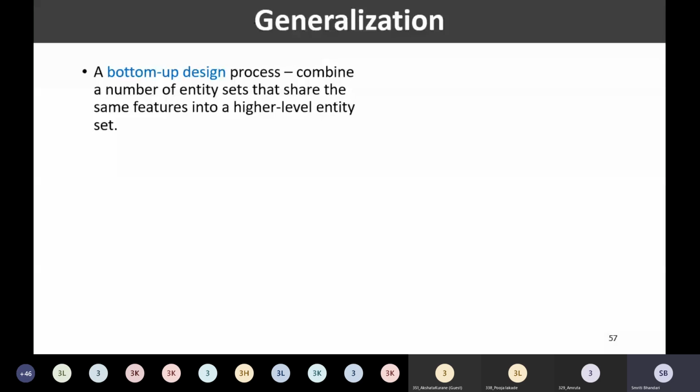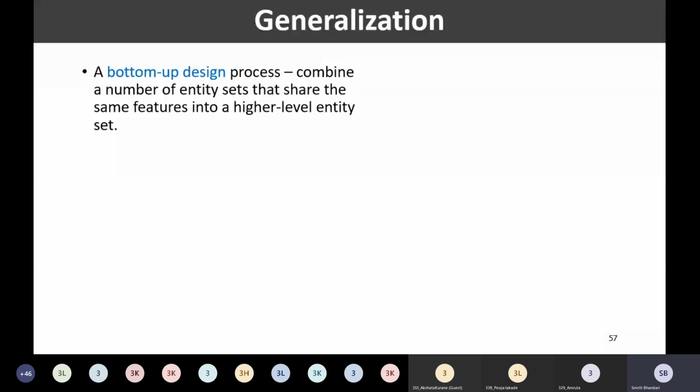In specialization, we begin from some higher level entity set, and based on some distinguishing properties, we go on grouping those entity sets. So it is a top-down procedure. Whereas in generalization, we go from bottom to up.